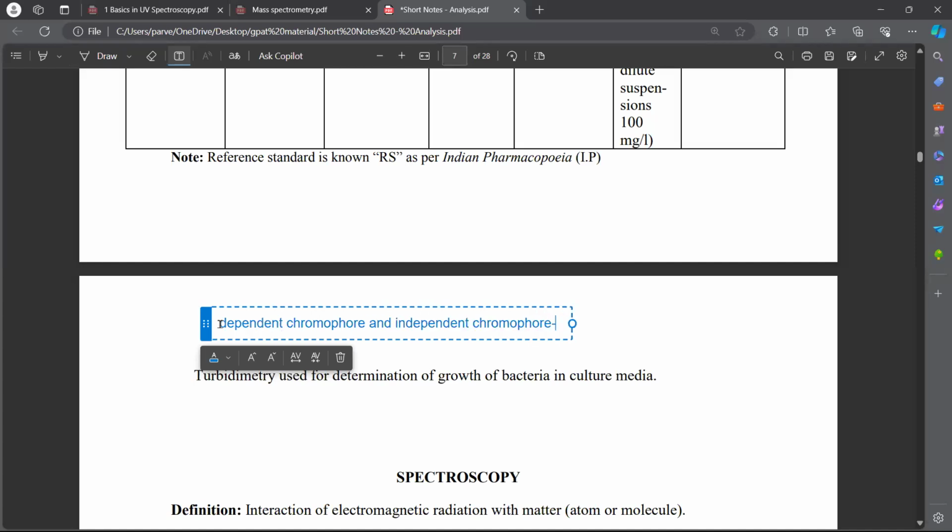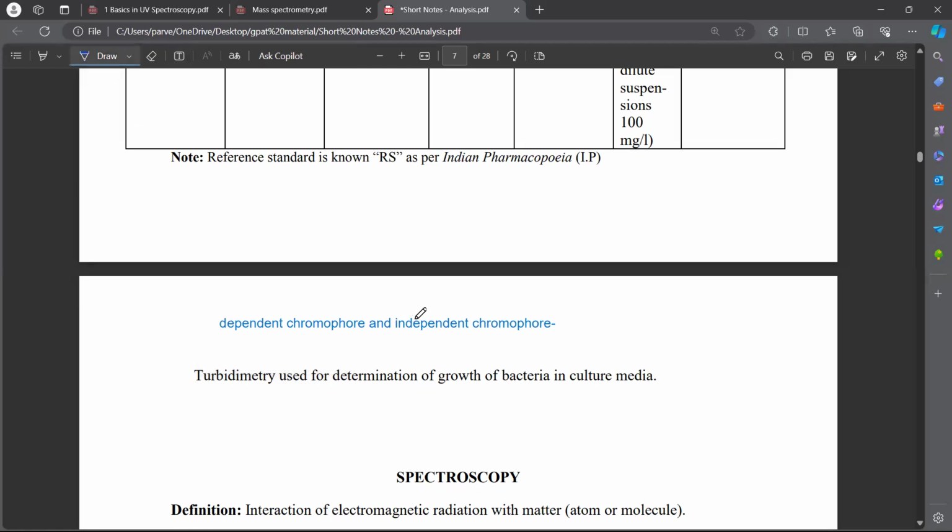Independent chromophores are chromophores which, when present singly as an individual, can impart color, for example N double bond O, NO2, N double bond N. When present singly in a molecule, they can impart a color.